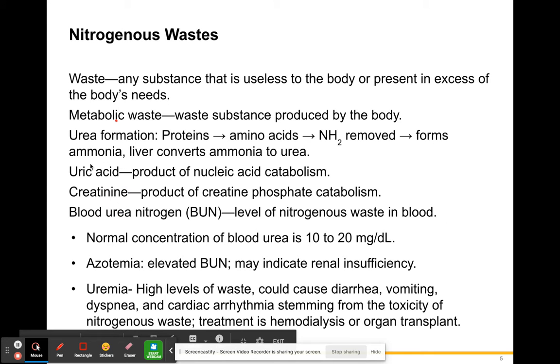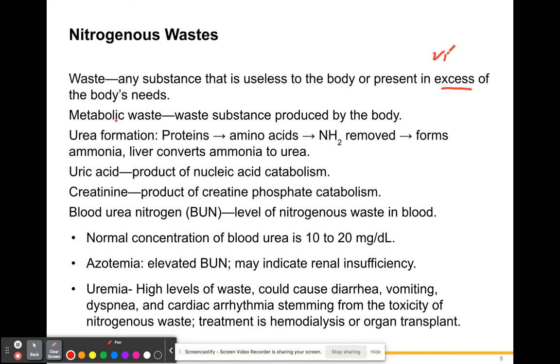What are wastes? Wastes are any substance that is used or useless to the body or present in excess of the body's needs. A good example of something that's in excess of the body's needs would be things like vitamins and minerals. Vitamins can only be absorbed in certain amounts.